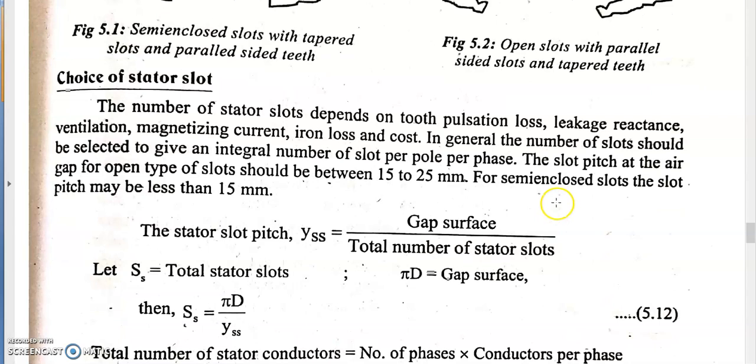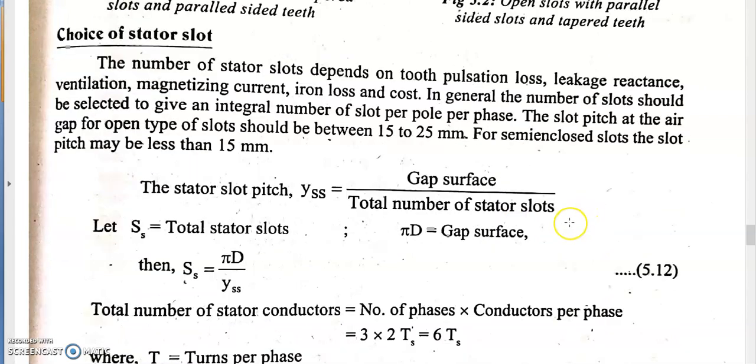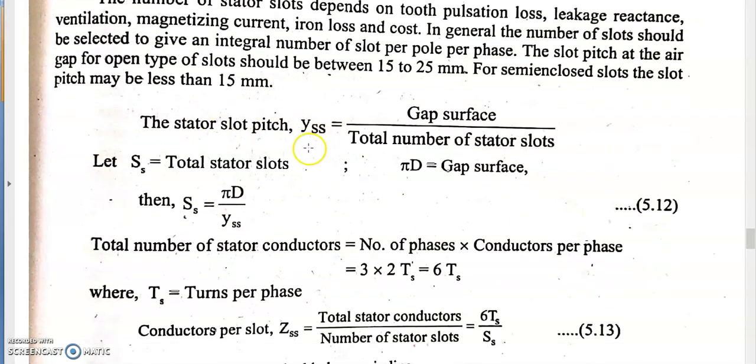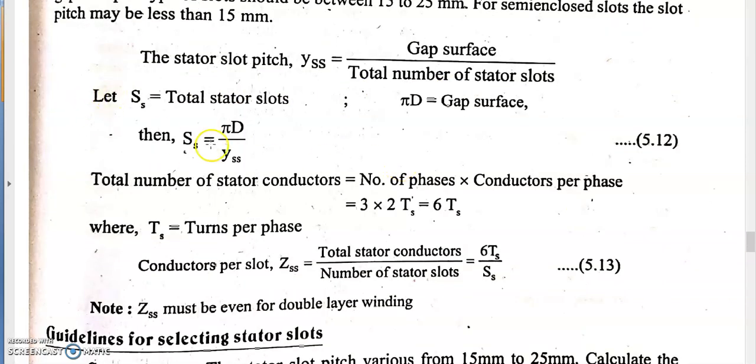Then the choice of stator slots will depend upon two parameters, that is stator slot pitch. The range will be between 15 to 25 mm. So this is the equation to calculate the stator slot pitch, that is pi D by SS. This SS is the total number of stator slots, YS is the stator slot pitch.